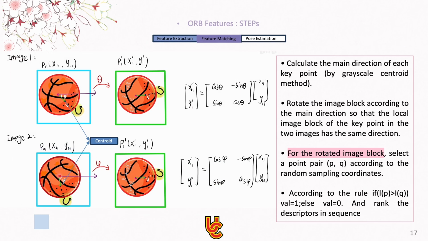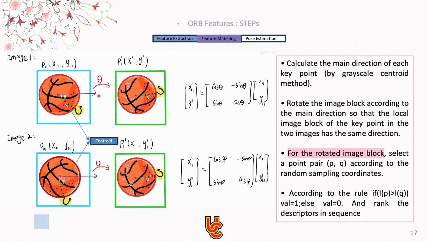Okay, and how do we do the ORB feature extraction directly, step by step? First, we calculate the mean direction of each key point. We calculate the centroid of the image patch around the feature point, and we calculate theta according to the formula I talked about before. Then we rotate the image block according to the mean direction, so that the local image blocks of the key points in the two images have the same direction.